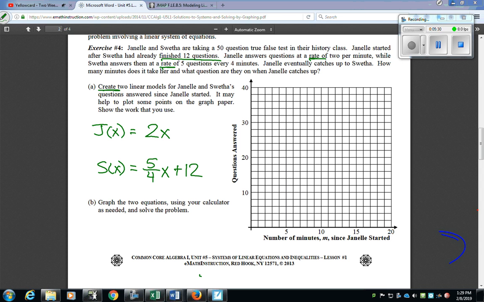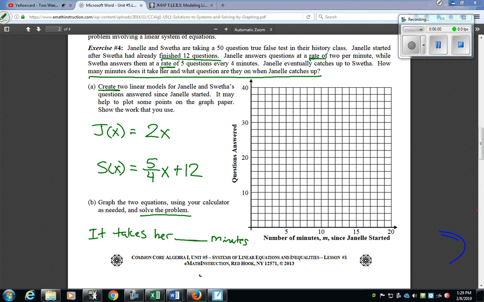And what I'd like you to do at this point is to go ahead and graph those. And then it says, using your calculator as needed, solve the problem. It says how many minutes does it take her, and what question are they on when Janelle catches up. So if we're doing a sentence stem for that, how many minutes does it take her? It takes her blank minutes.